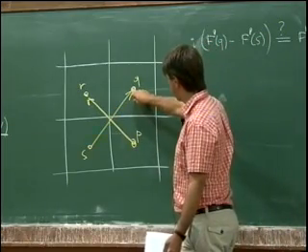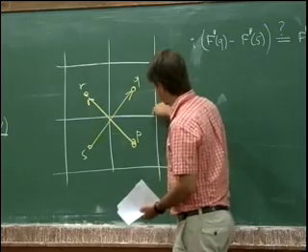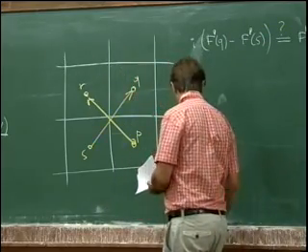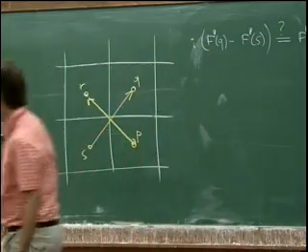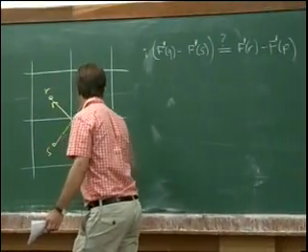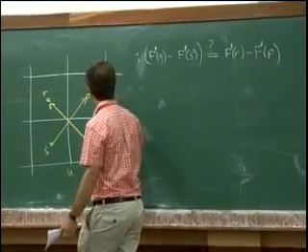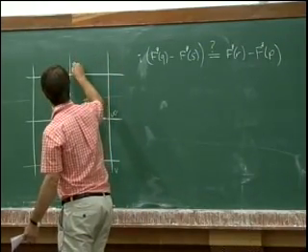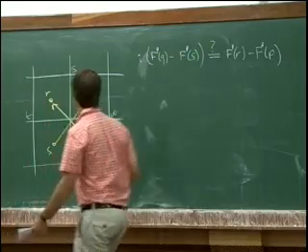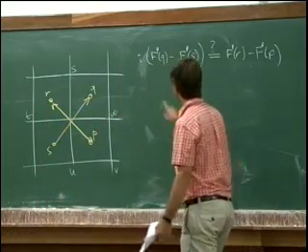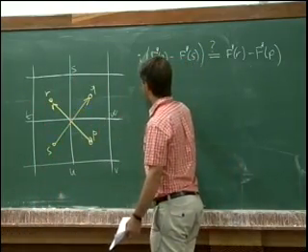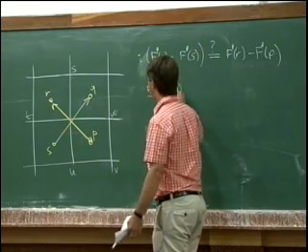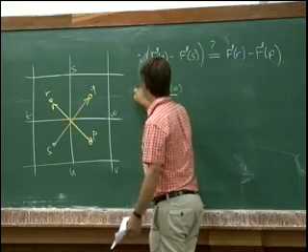So f prime at Q is the difference of f at those two vertices. So let me again write the notation: U, V, W, whatever, S and T. f prime at Q is f of S minus f of W divided by S minus W.